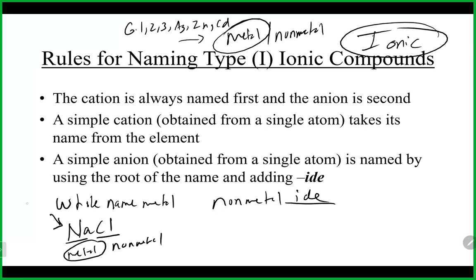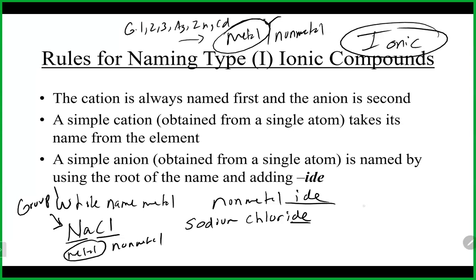When you look at the metal, you go, that guy is on the periodic table there in group 1, which should also scream to you that it is a type 1 compound. It has a fixed charge. And at that point, you should stop screaming at yourself. Then you could just go right into the naming, because you really don't have to figure out anything else. Once you identify that metal as a type 1, you roll with the whole name of our metal, which is sodium, and chlorine drops the last part and it becomes sodium chloride.